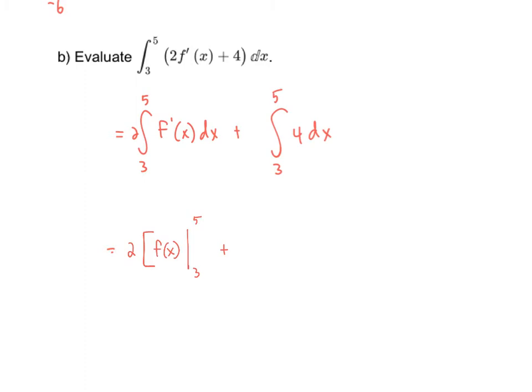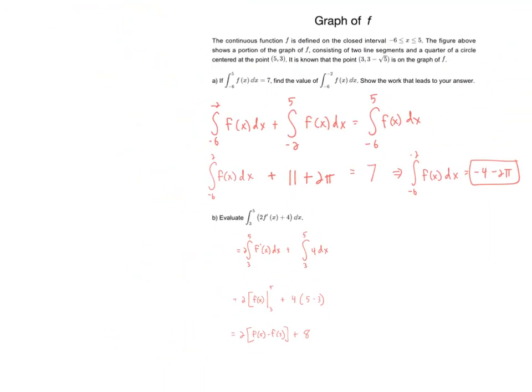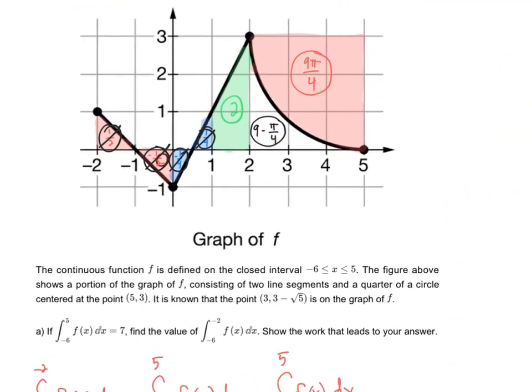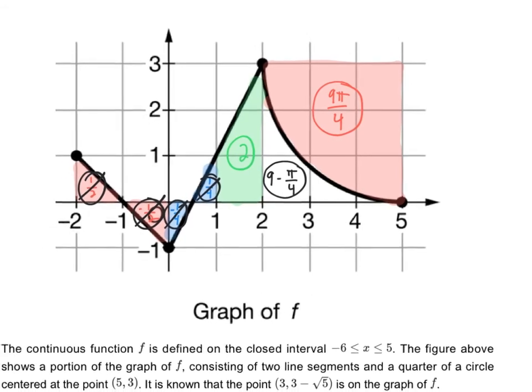Okay, and then this one, I don't know if you remember, to evaluate the integral of just a constant, you do the constant times these subtracted. This one is f of 5 minus f of 3, and then this will be 8. F of 5, the graph is 3.